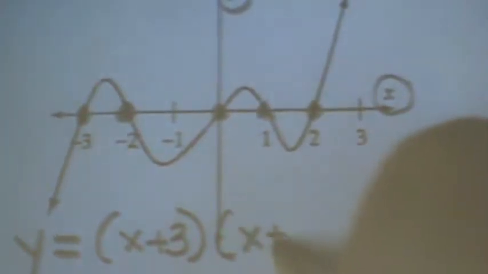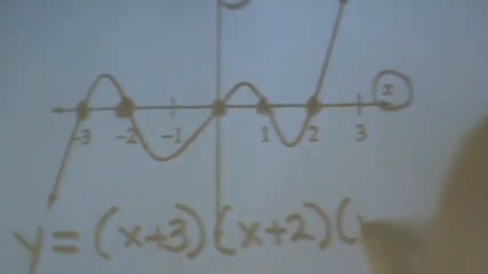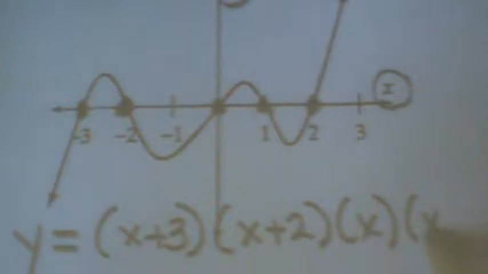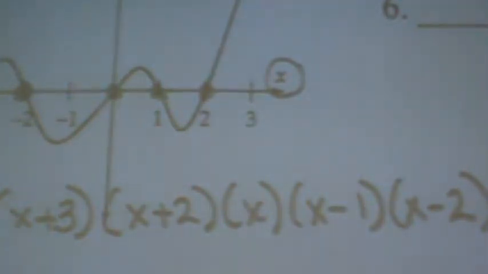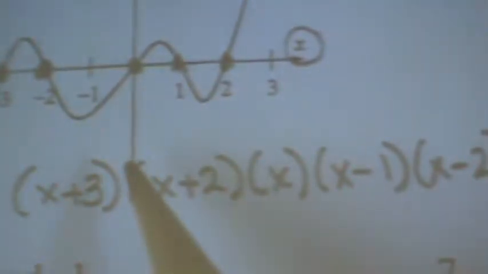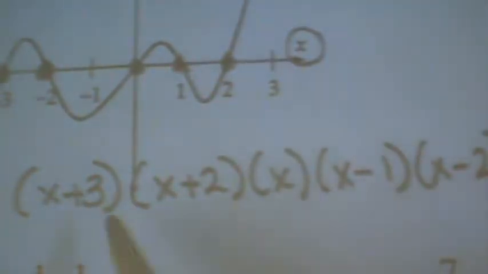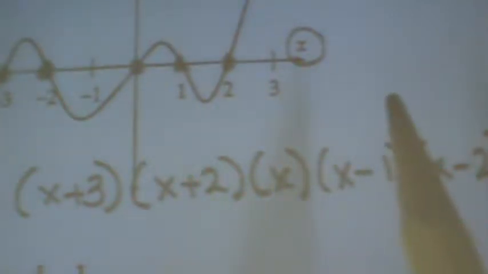X plus 2, X plus 2, X minus 2, X minus 1. Now, if you would have seen something that looks a little different, what if it would have touched at one of these zeros? You have to have one, you'd square one of them, okay?